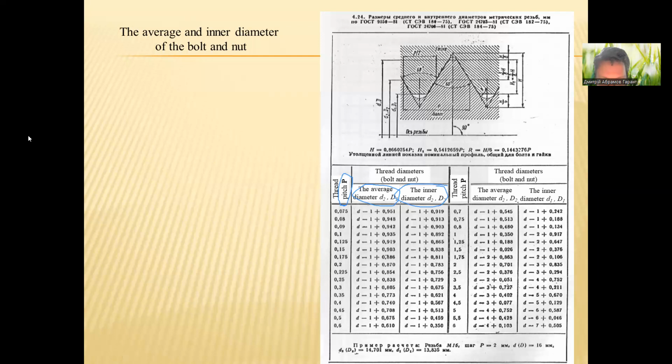So we use the formulas: D minus 4 plus 0.103 for the average diameter. And for the inner diameter, D1, we use the formula D minus 7 plus 0.505.